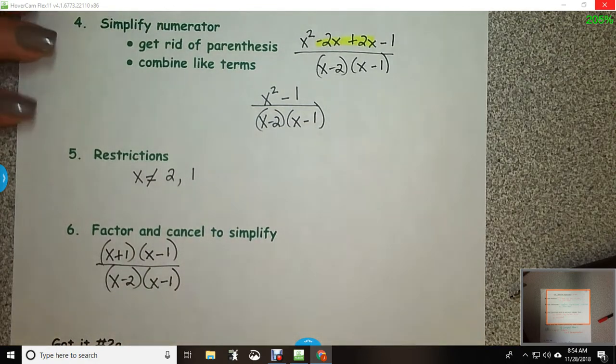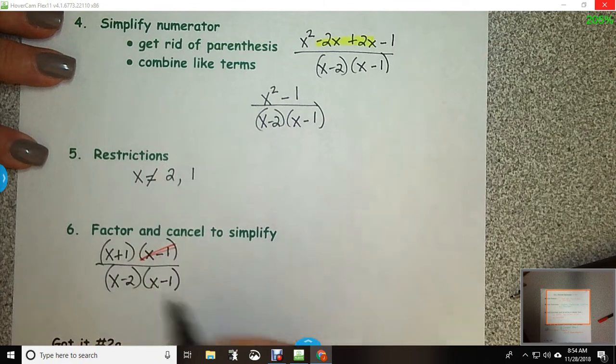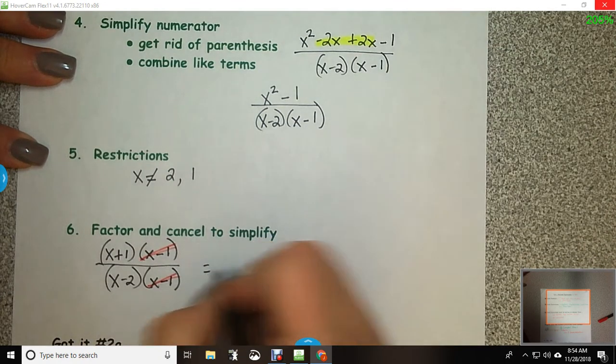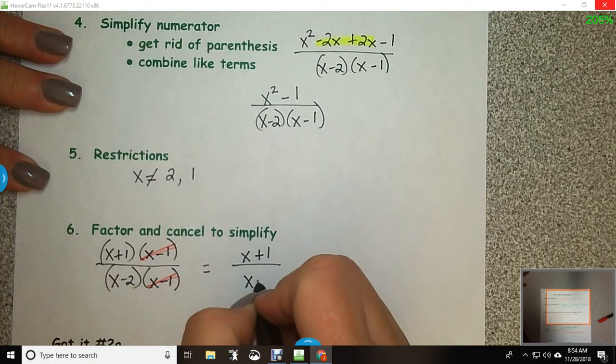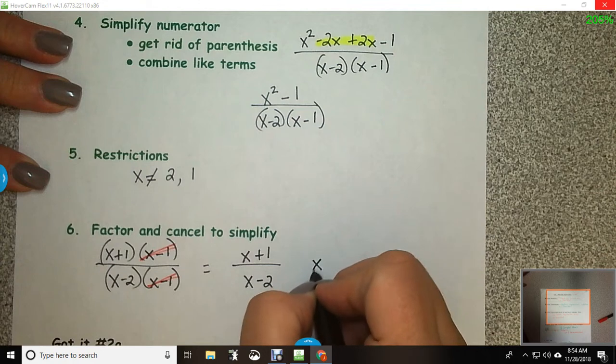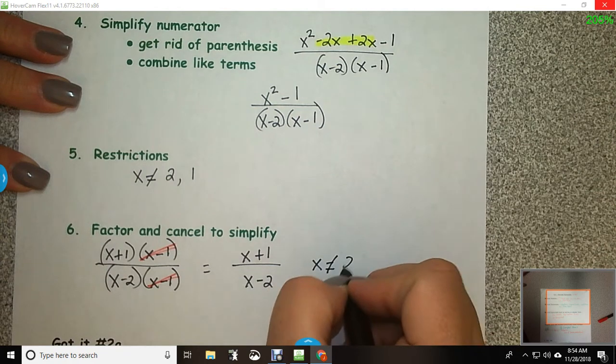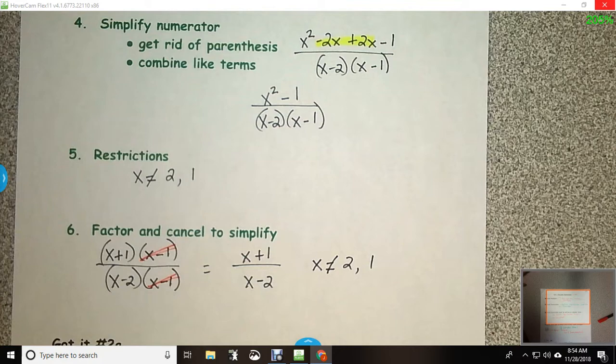And now I can cancel my x minus 1 on the top and the bottom. My answer is going to be x plus 1 over x minus 2 with x not equal to 2 or 1.